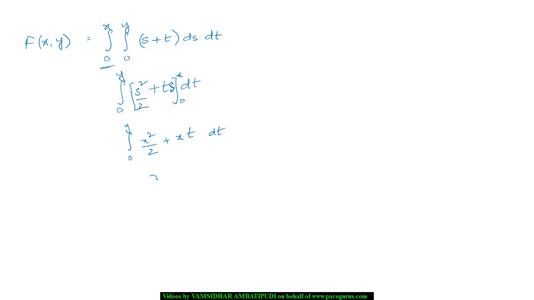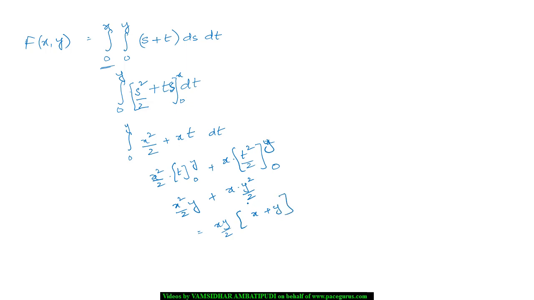Now I'll integrate with respect to t. So this becomes x squared by 2 into t integrated between y and 0, plus x into t squared by 2 integrated between y and 0. So this becomes x squared by 2 times y, and this becomes xy squared by 2. The other way I can write it is xy by 2 times x plus y.